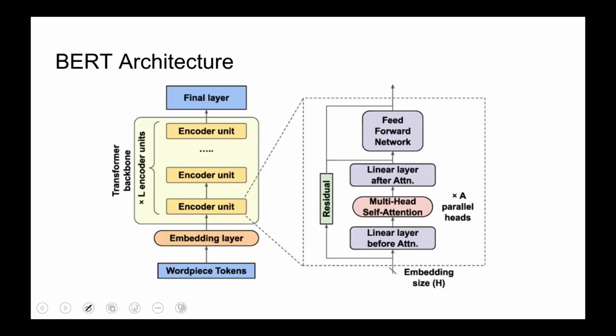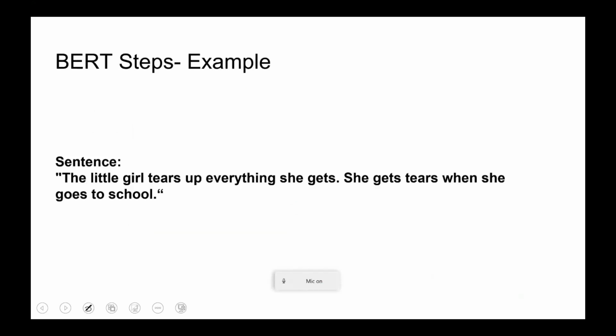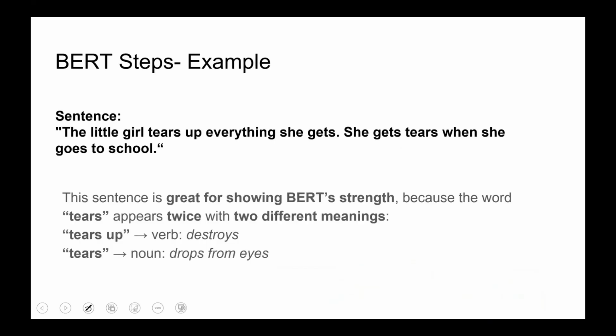Just take a minute here. Since you have already done the transformer model, whatever example we are looking at over here, we'll use the same example in the code as well. The little girl tears up everything she gets. She gets tears when she goes to school. This is the sentence I have used. You can use any other sentence in which there is a confusion between a word.